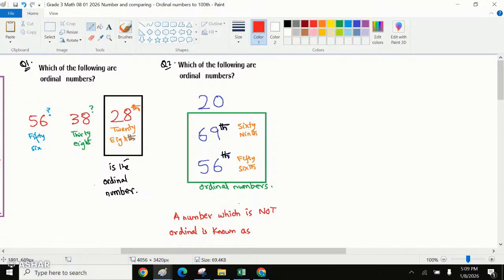In question number 1 we were looking at ordinal numbers, because the question asked which of the following numbers is an ordinal number, and we know that 69th and 56th are ordinal numbers. But a number which is not ordinal, what would it be called? It is known as cardinal.